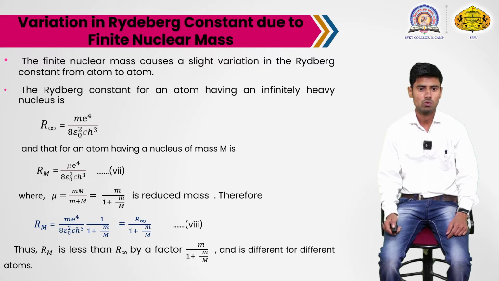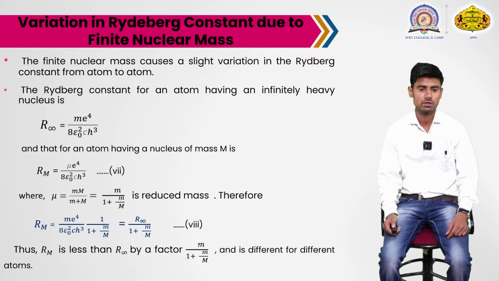Now you can compare both equations for R infinity and R M, and you will observe that instead of small m we have mu here. Here mu stands for the reduced mass of the system, that is the reduced mass of the nucleus and the electron, which constitutes some finite value.